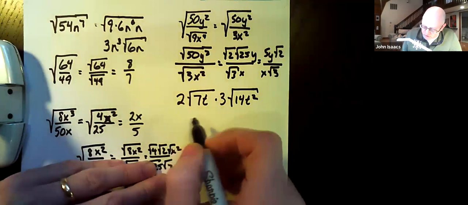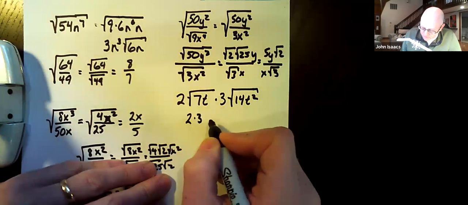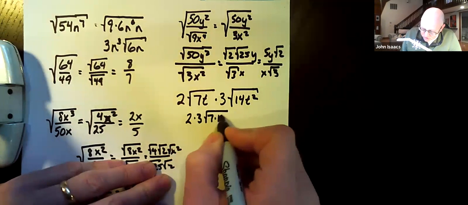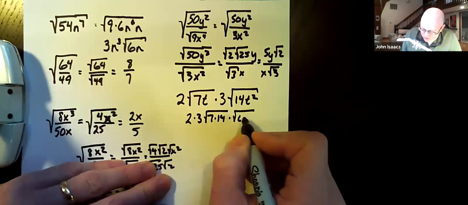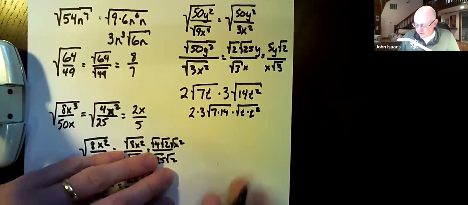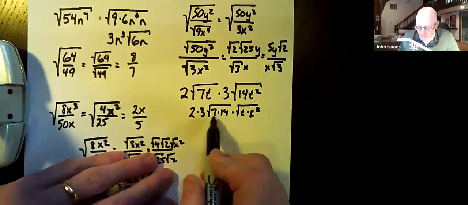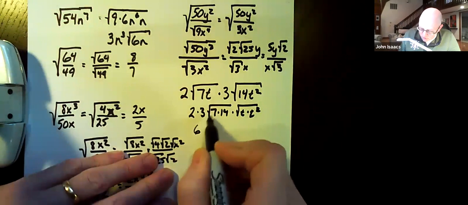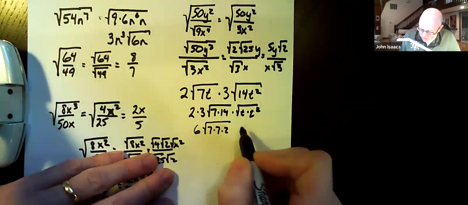But we can look at it this way. 2 times 3 times radical of 7 times 14 times radical of t times t squared. So this 14 doesn't do much for us now, but it can be combined with a 7. So we can look at the 2 times the 3 as 6. We can look at this radical as being 7 times 2.